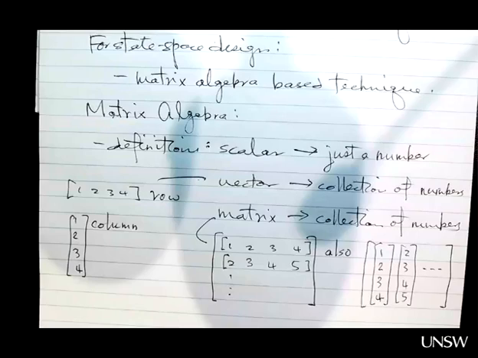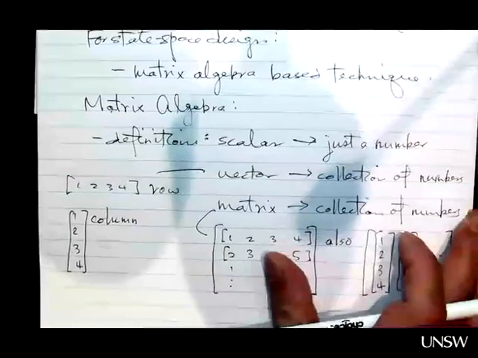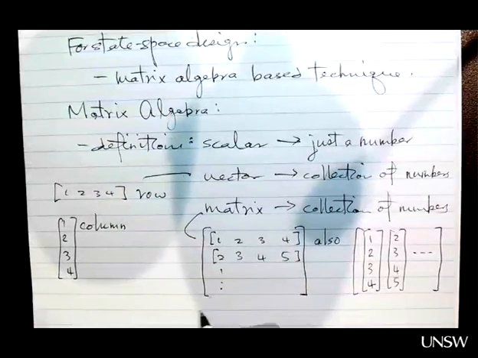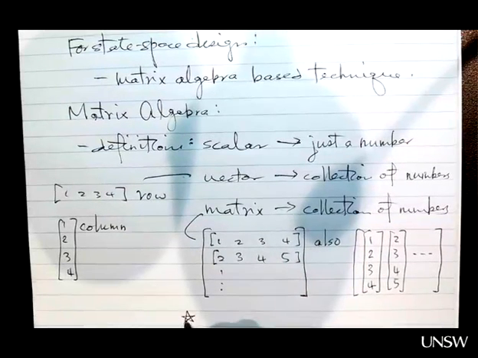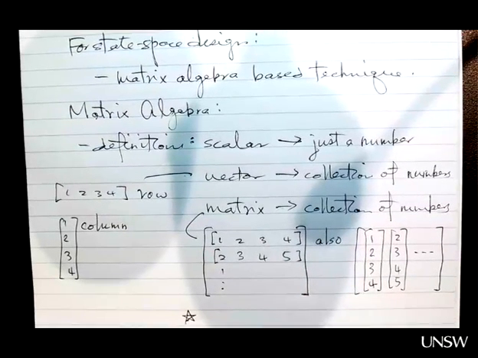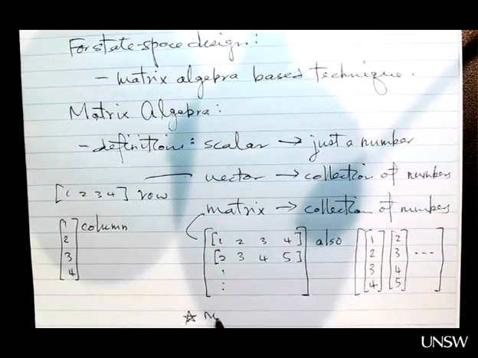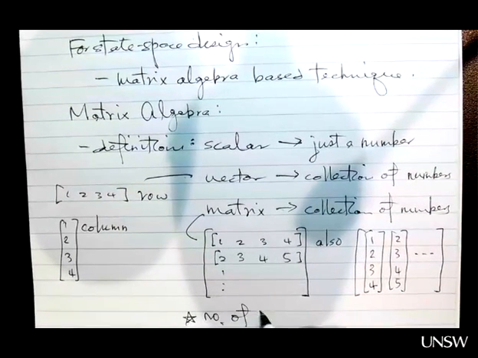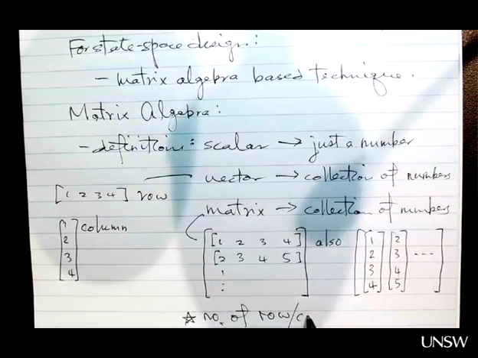One important thing we need to note is the number of rows and columns in the matrix.